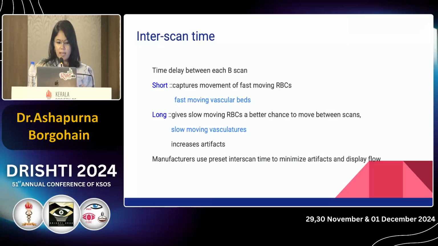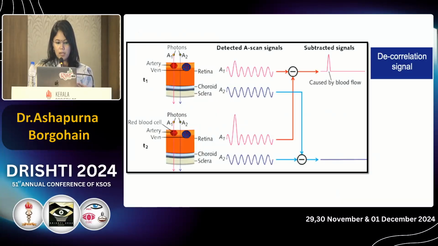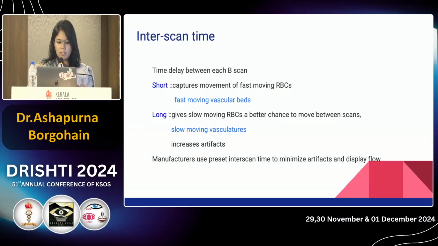The interscan time is the time between T1 and T2. The importance of this interscan time is that if we use a longer interscan time, it gives a better chance to pick up slow-moving vasculature like polyps and microaneurysms. And vice versa is also true for a short interscan time.